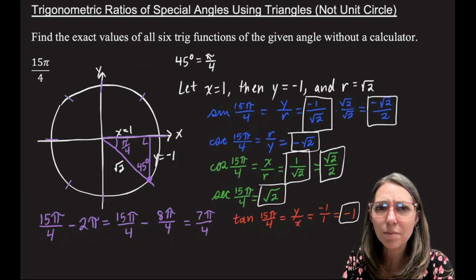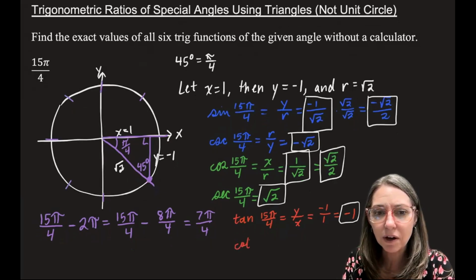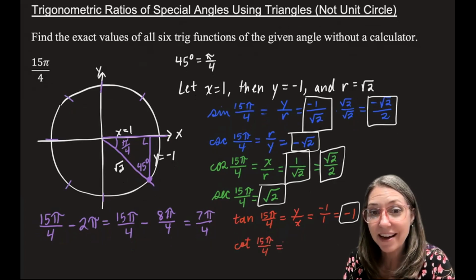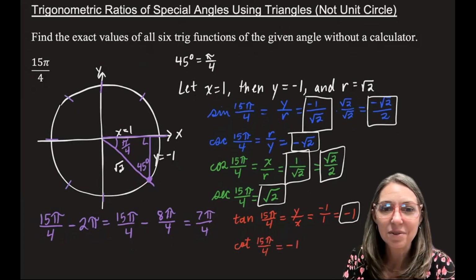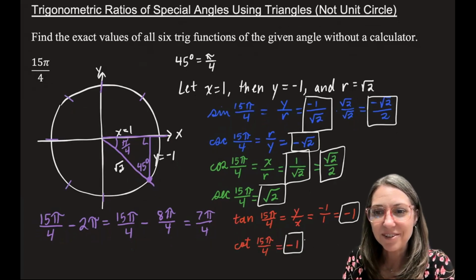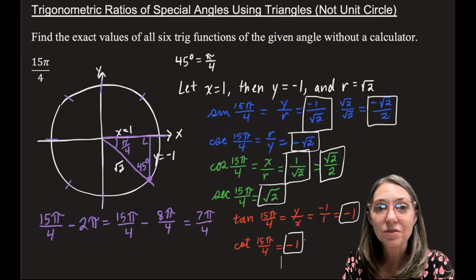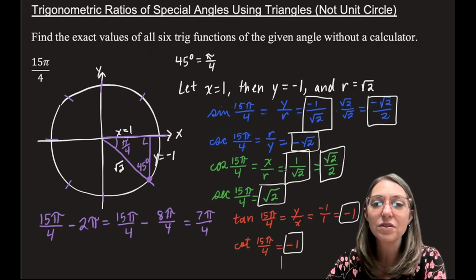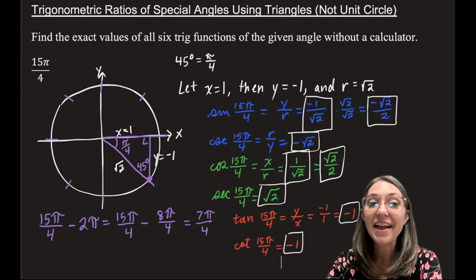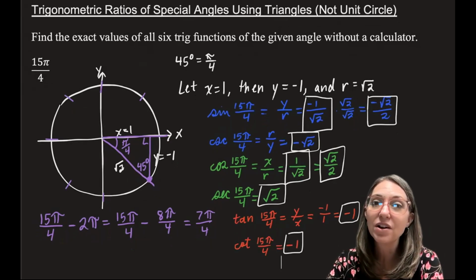And then its reciprocal is cotangent, but cotangent is the same because the reciprocal of -1 is just -1. So those are both -1. All right, so there's all of the trig ratios of the special angle 15 pi over 4, doing it with triangle trig without the unit circle.